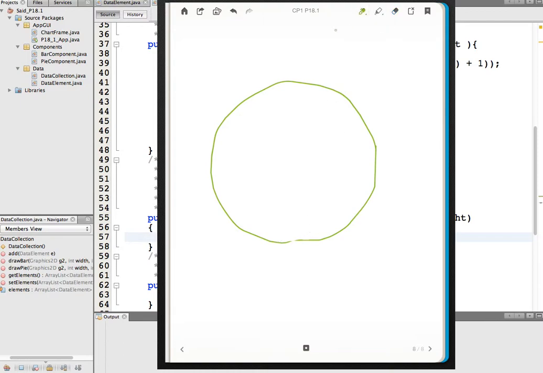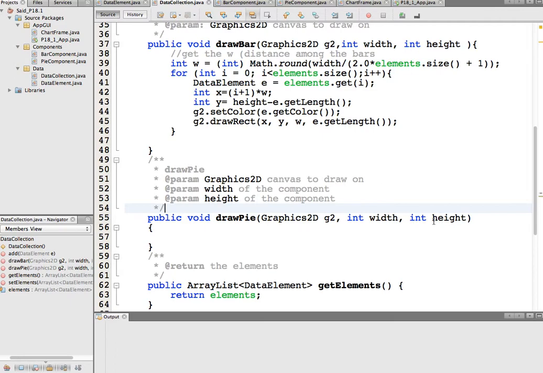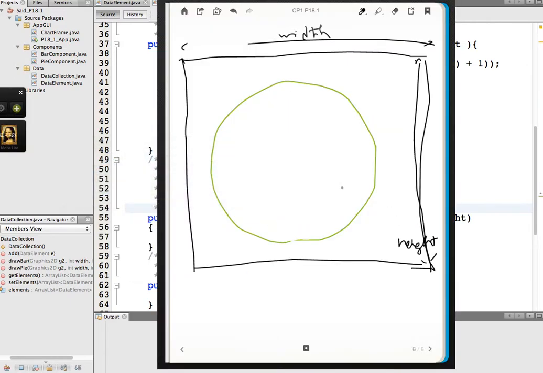But that circle will be inside a component. So there will be a component in which that pie will appear. Okay, and that component has component width, and it has component height, and that's what we really receive in our method here. We have the height and we have the width.